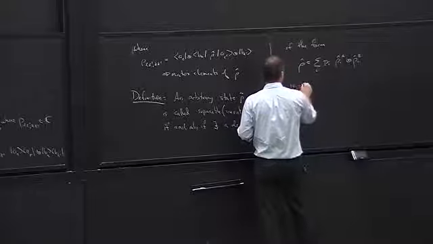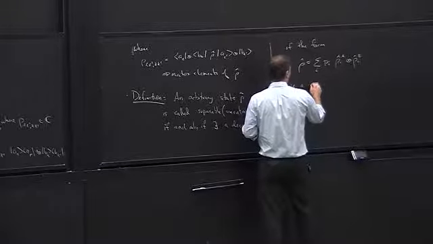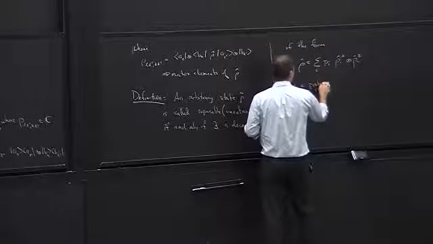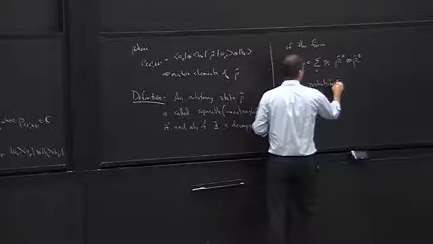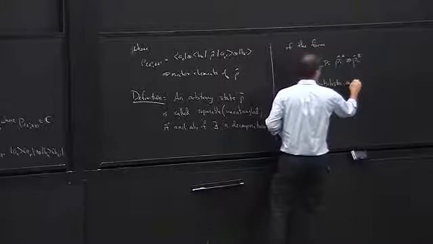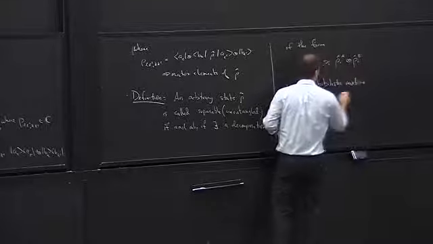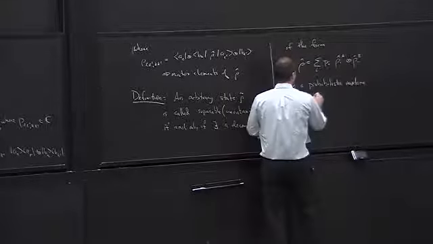So this is a probabilistic mixture, also called a convex combination.